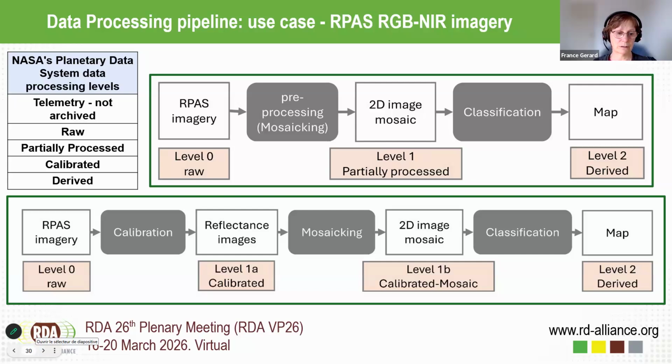First, we will calibrate the individual images, and then we will mosaic them to create a 2D image mosaic of reflectance data. So you would have to refer to level 1A, level 1B, and then it gets a little bit confusing. But by using a term, it becomes very clear in terms of what you've done. If you go to the next slide, I have an example for LiDAR.